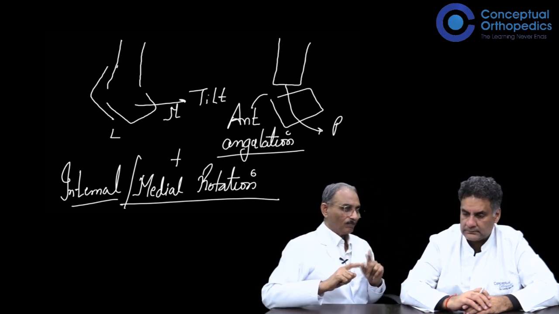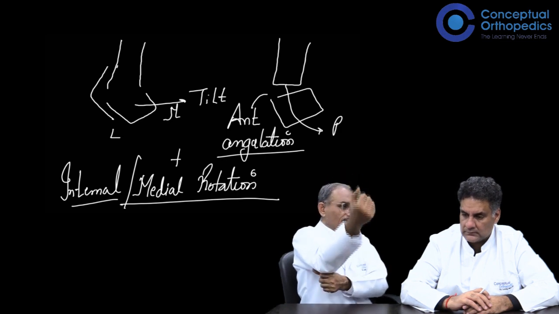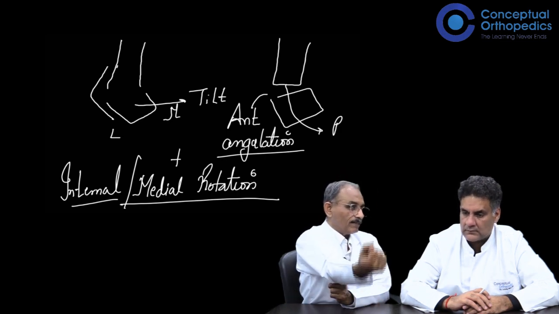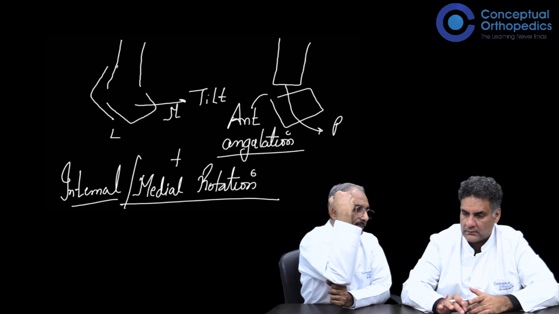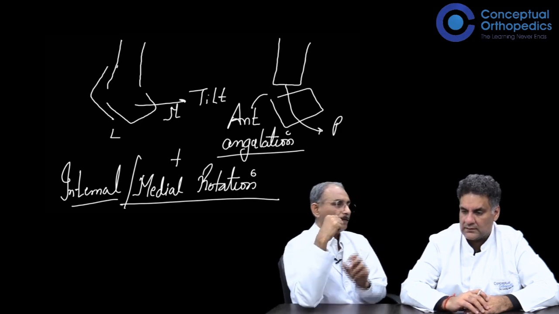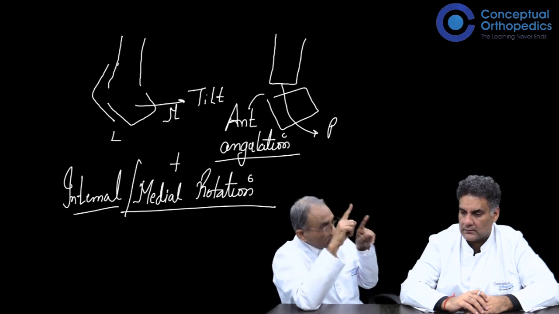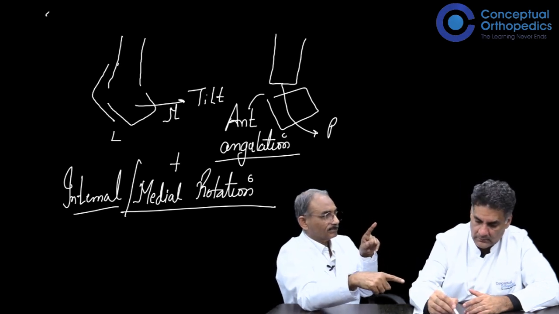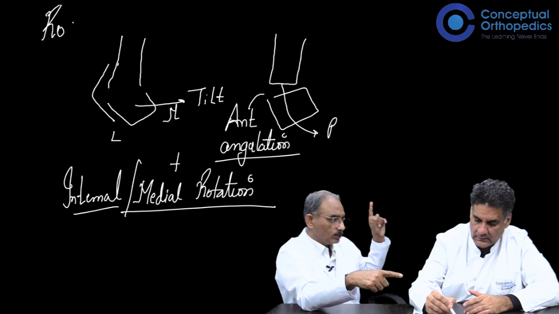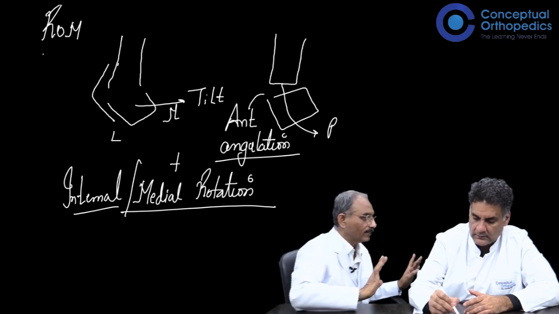Okay, so the tilt backwards causes recurvatum, but the flexion range is less. But in true sense, when you compare with the opposite side, the range of movement is the same on the two sides, unless there is some stiffness there.